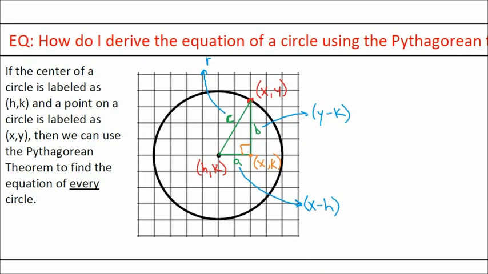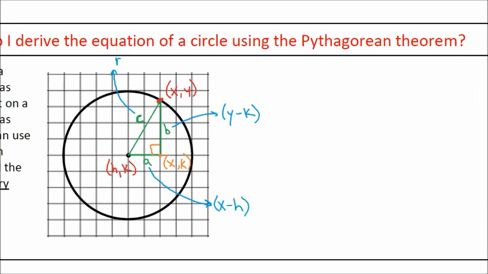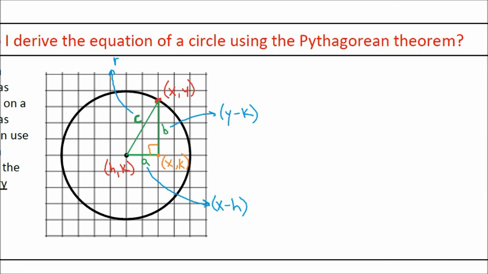Now, knowing that, let's write the Pythagorean theorem and watch how we get the equation of a circle. The Pythagorean theorem is a squared plus b squared equals c squared. If you've got a right triangle, the squares of the two legs added together equal the square of the hypotenuse. Let's substitute what we just figured out.